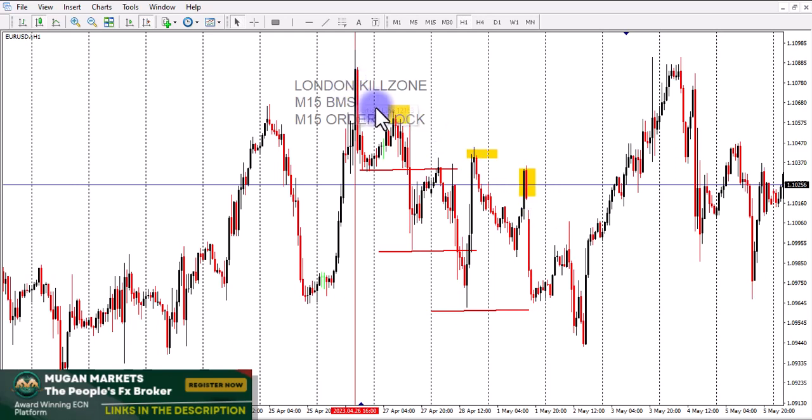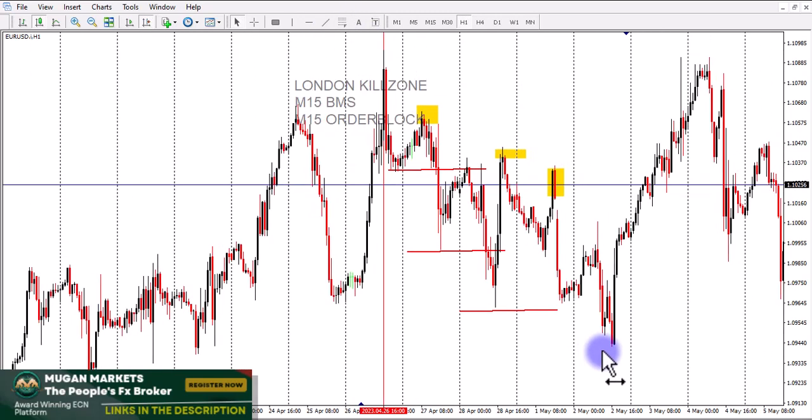So from this red line to this point where you see the market making that rally up, you can clearly see that this is a downtrend. Why? Because you're seeing lower highs and lower lows. So if you see lower highs and lower lows, it means you are in a downtrend, right? So you are going to the lower time frame in this market structure.